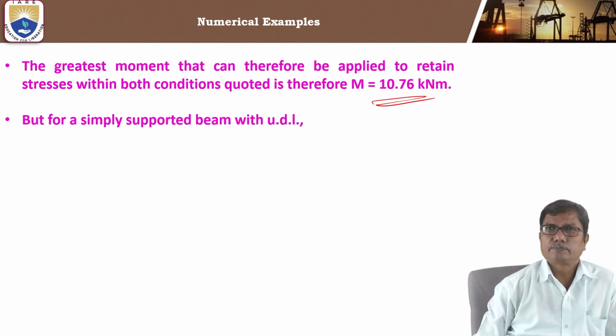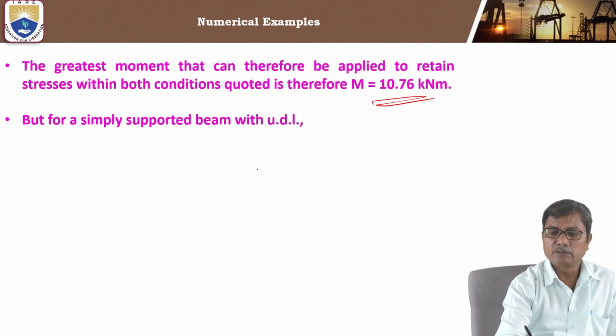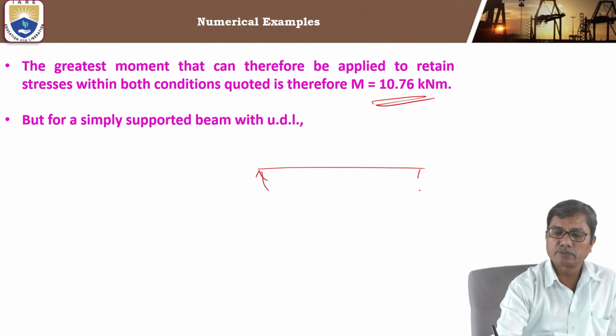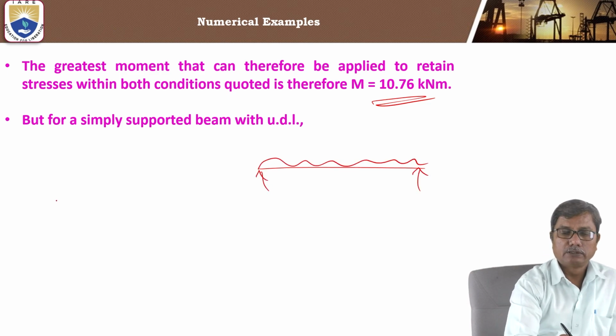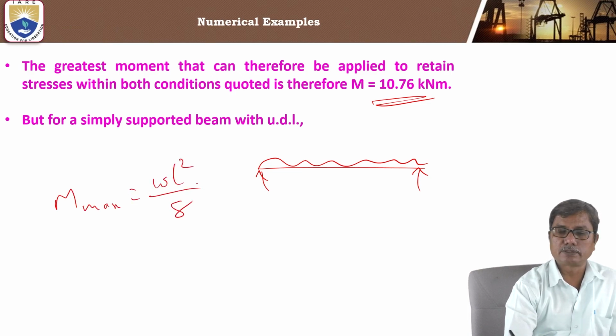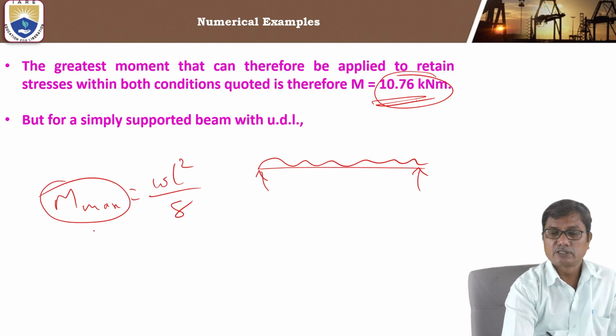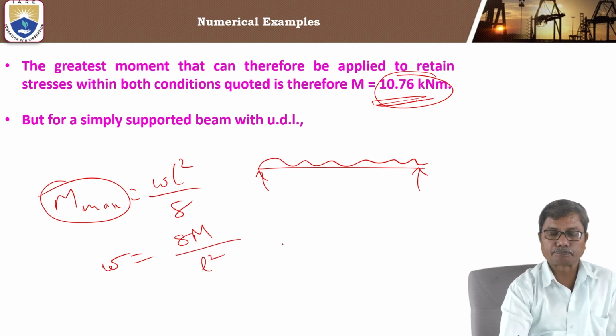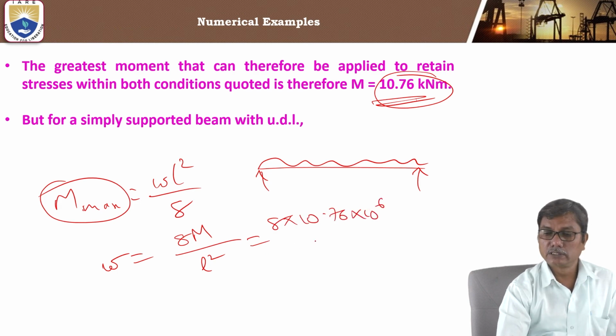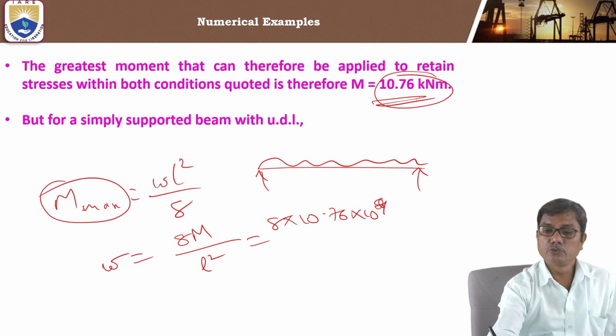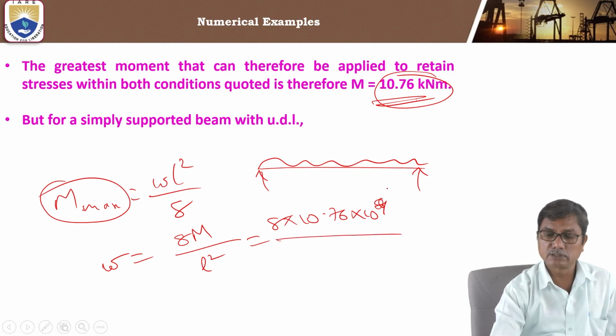Now, with this maximum bending moment, for a simply supported beam with UDL, we know the expression for maximum bending moment as WL square by 8. So this value is 10.76. Substituting this here, we will get W as 8 into M maximum by L square. So 8 into 10.76 into 10 power 6, 10 power 9 Newton millimeters. We are converting it into kilonewton meters only, otherwise not necessary.